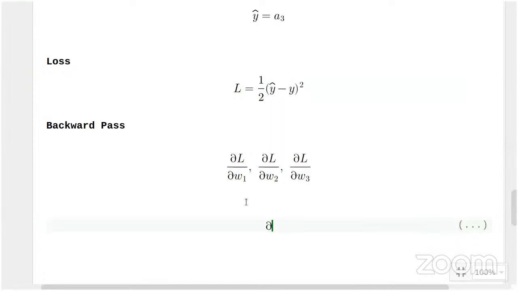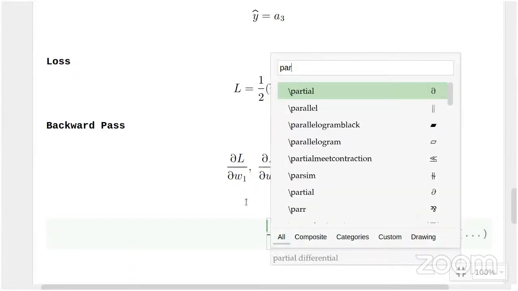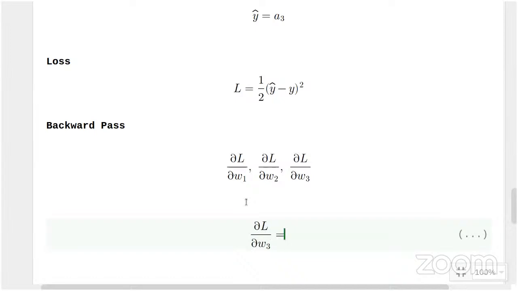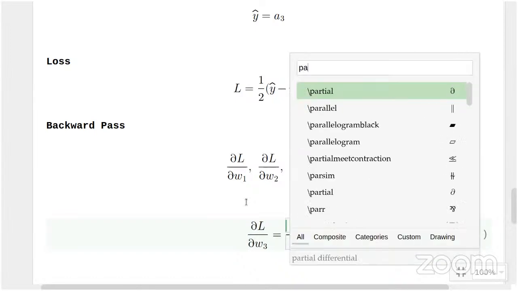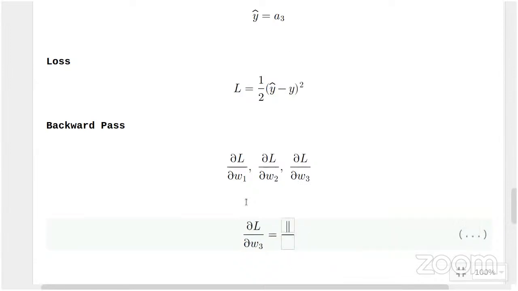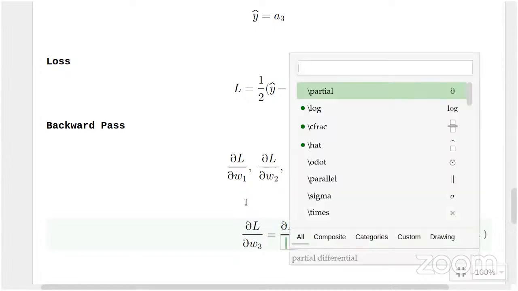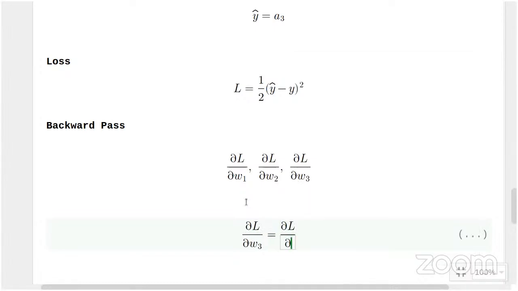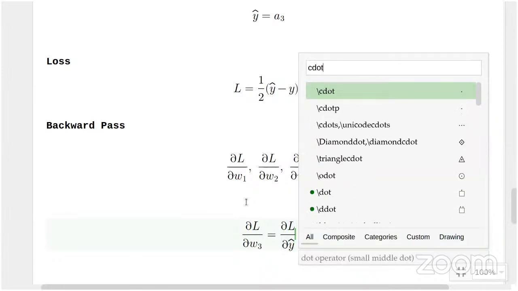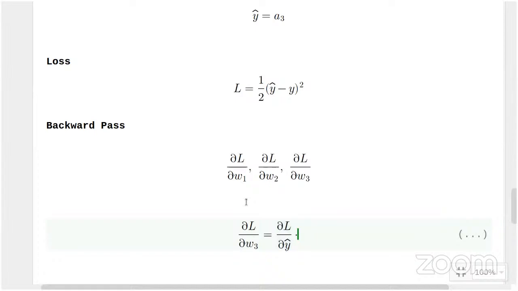Let's say we start with dou L by dou W3. I'm going to write it as dou L by dou y hat times, what should I add here?